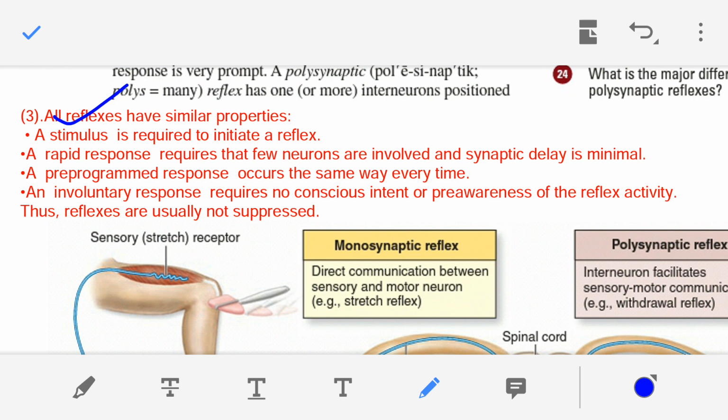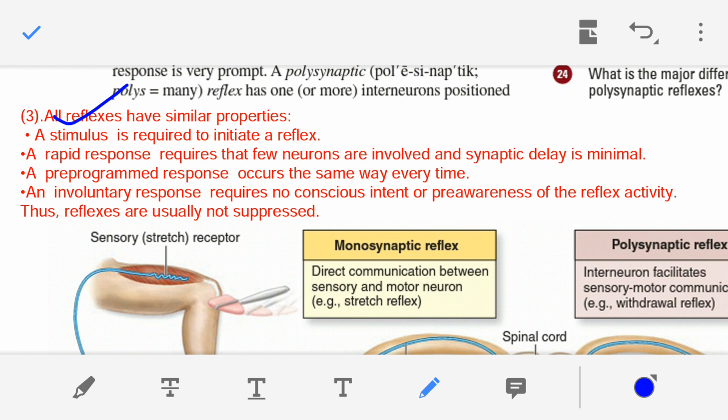A stimulus can be the degree of hotness or coldness of an object, or the temperature, hot or cold season. Then the odor or smell, good or bad, can be a stimulus. Pain can be a stimulus, touch can be a stimulus, or electric current can be a stimulus. So stimuli are of various kinds, and to begin or initiate a reflex, a stimulus is required.